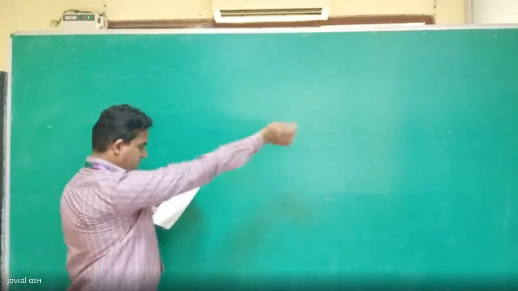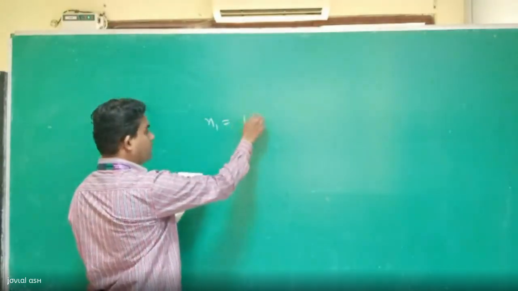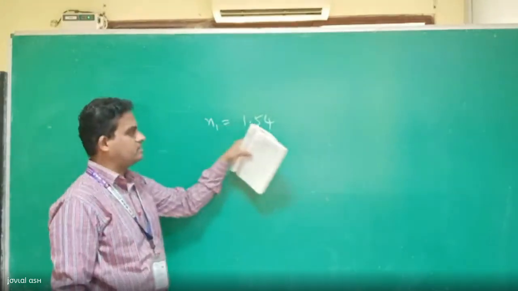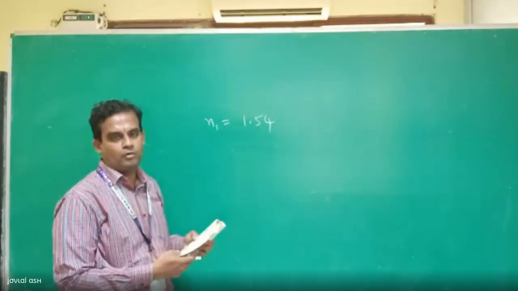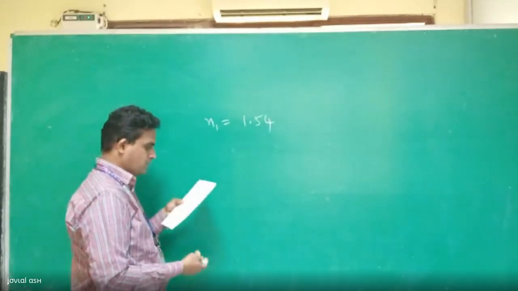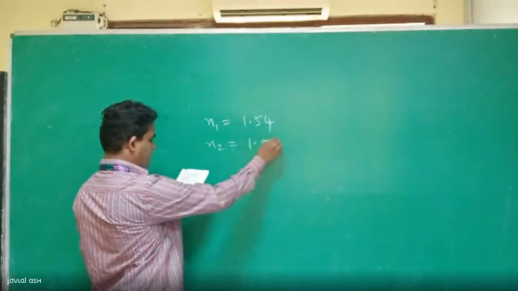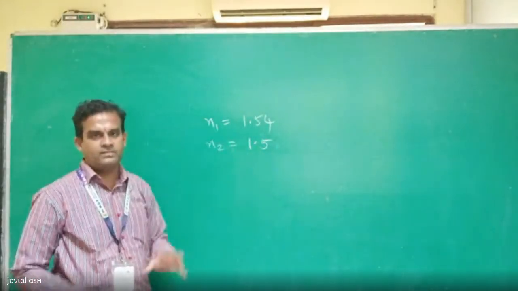The refractive index of the core is N1 equal to 1.54. Say, for example, you take a glass fiber; whatever refraction has taken place, that is 1.54. Then the cladding index N2 is equal to 1.5. So these are the data given to you.